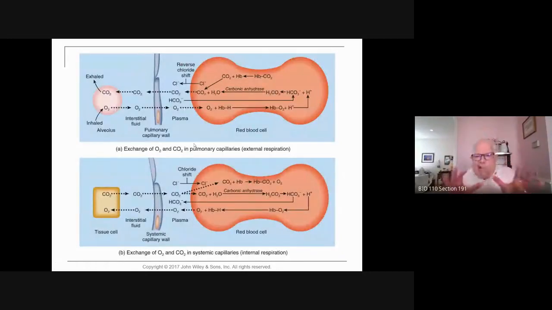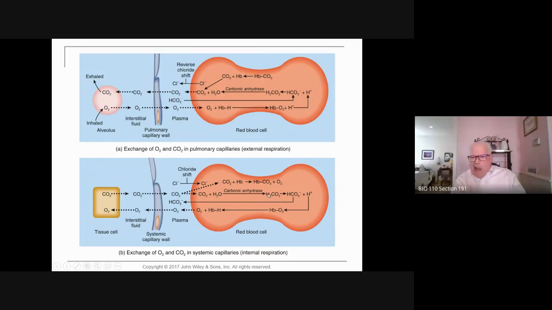Here's the formula that I want you to know. I think I've talked about this before. Here's the formula right here. Carbon dioxide plus water in the presence of carbonic anhydrase will give you carbonic acid. This is one of the buffering systems of your body.